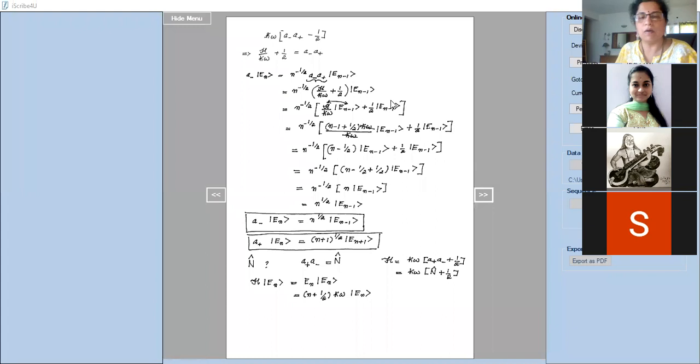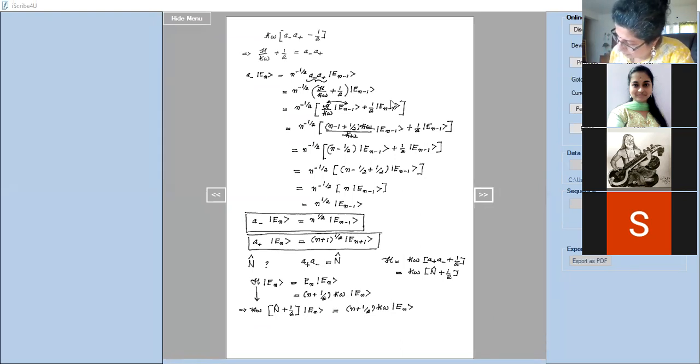Yeah. Okay. So now let's put over here, instead of this H, I'm going to write h cross omega n plus half, En, is equal to n plus half h cross omega En, right?